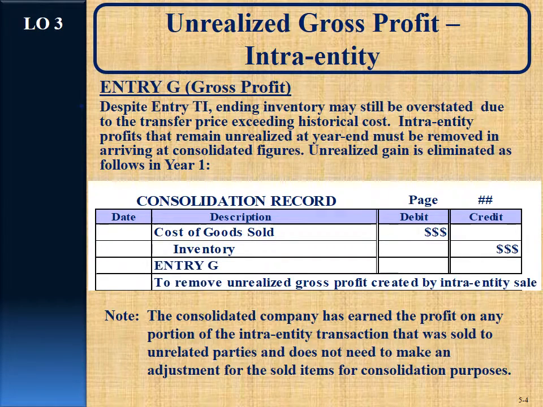So when the parent records this sale, what are they doing? They're debiting probably an accounts receivable and a sales amount, and they're debiting cost of goods sold and crediting inventory. Well, you removed the sale portion in that first entry we just did, inventory transfer. But what about the gross profit here?